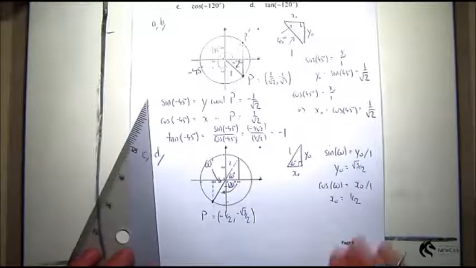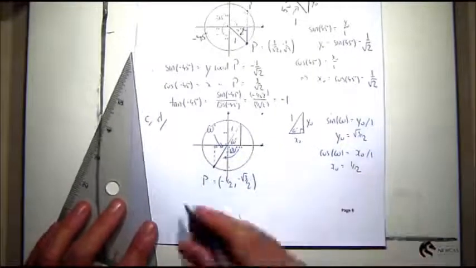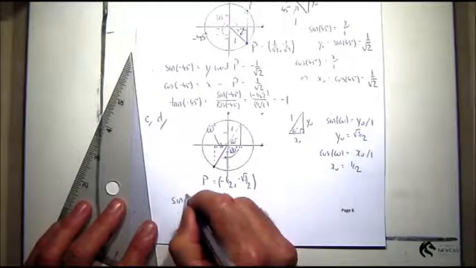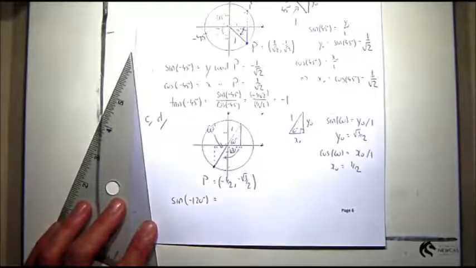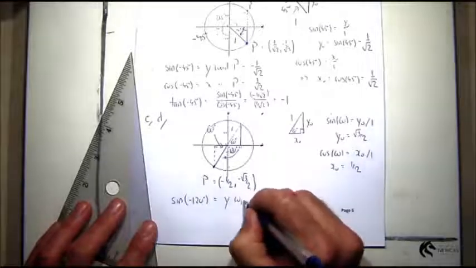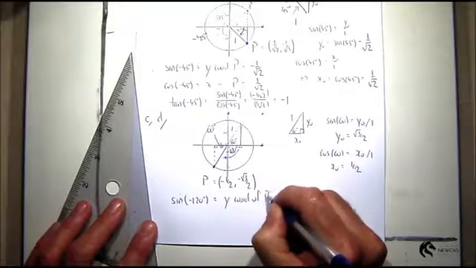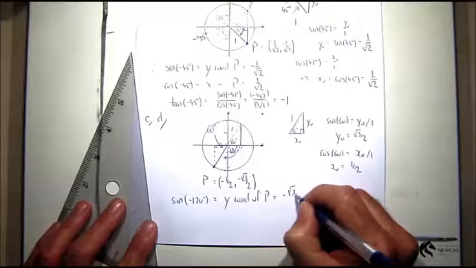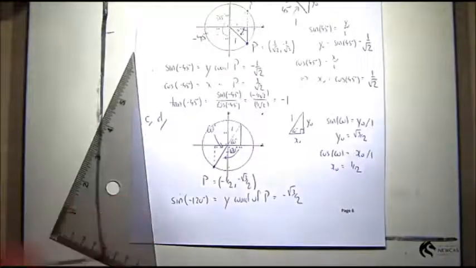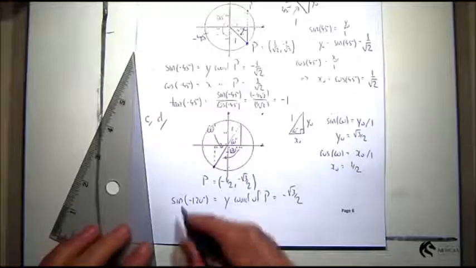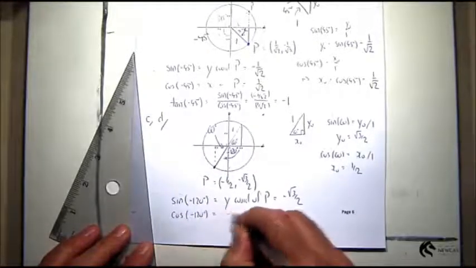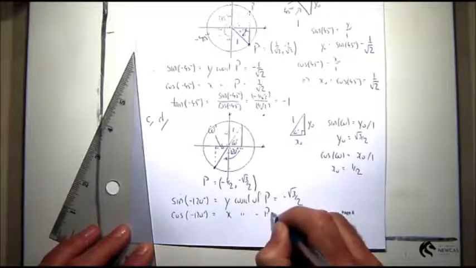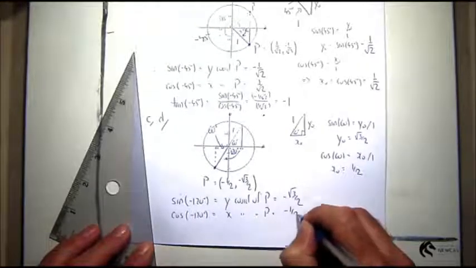And we can now go with our trig ratios. So the sine of minus 120 degrees is the y coordinate of P, which equals minus the square root of 3 on 2. The cosine of minus 120 degrees is the x coordinate of P, which will be minus a half.